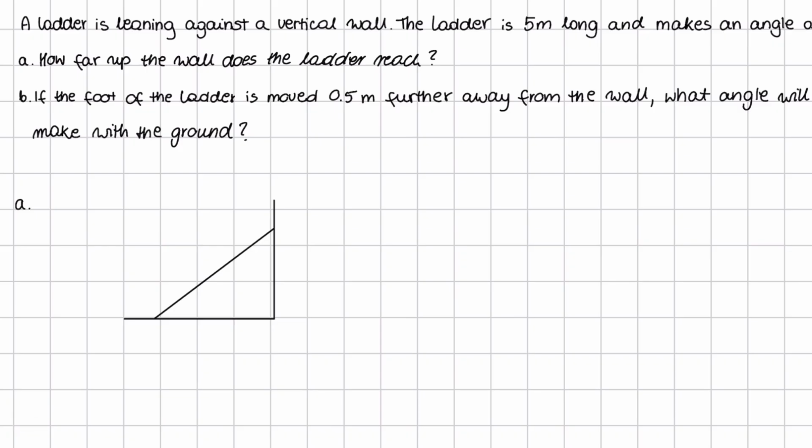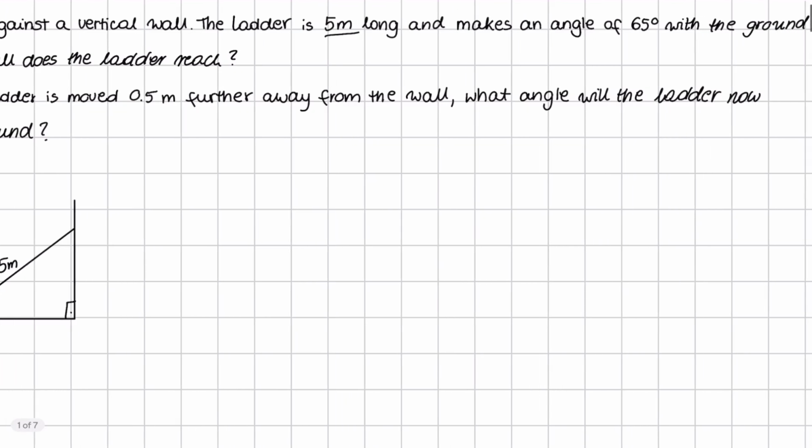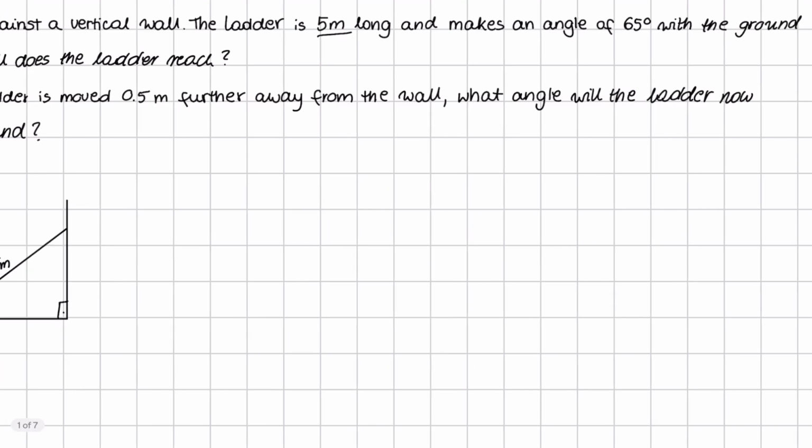So this is our ladder, and the ladder is 5 meters long. So 5 meters in here. Here, of course, we have a right angle because we know that when we have ground and a vertical wall, they make a right angle.